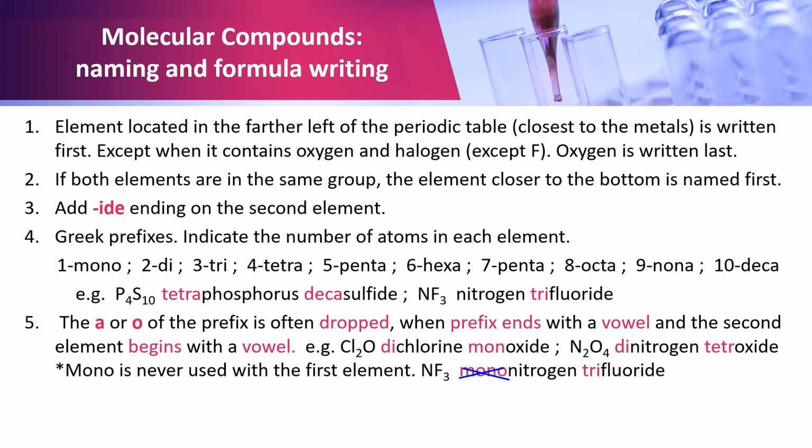Fifth, the A or O of the prefix is often dropped when the prefix ends with a vowel and the second element begins with a vowel, for example, in Cl2O, dichlorine monoxide, or in N2O4, it is named dinitrogen tetroxide. Mono is never used with the first element. Like for example, in NF3, it is named nitrogen trifluoride.